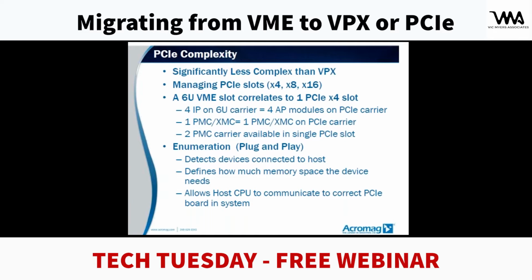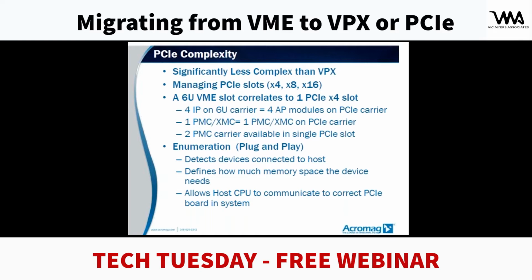Going from 6U VME correlates very well to a PCI Express by 4 slot. For example, there were 4 industry pack modules on a 6U carrier, and today that's equivalent to hosting 4 Acromag modules on a PCI Express carrier.